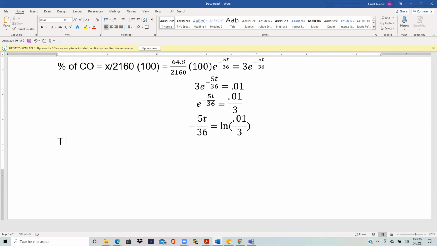So t equals ln of 0.01 by 3, times 36, divided by negative 5, which equals 41.07.